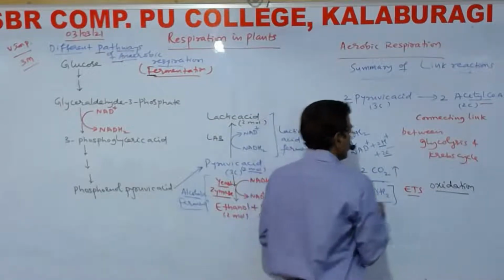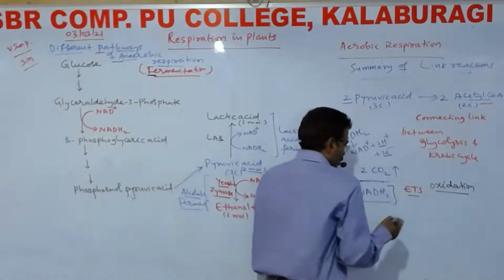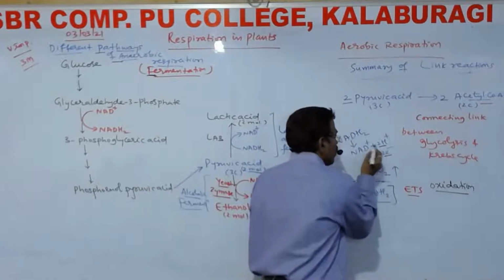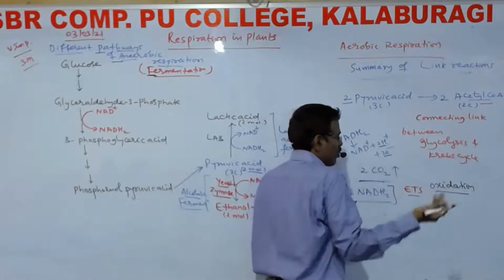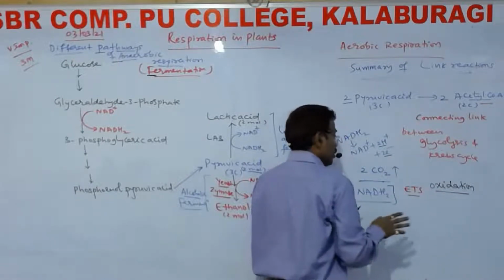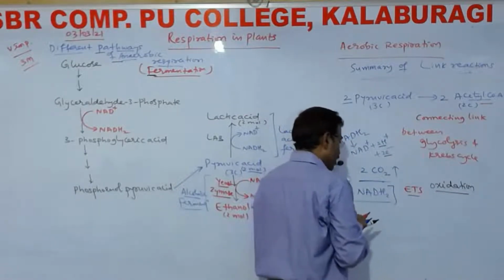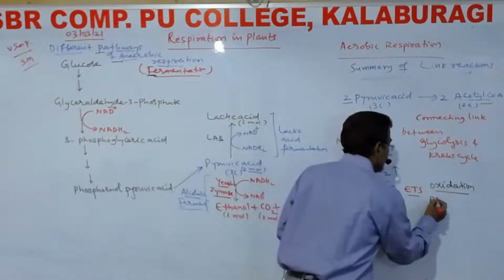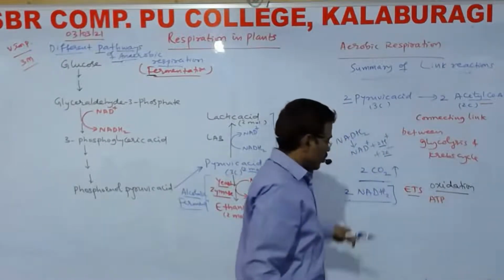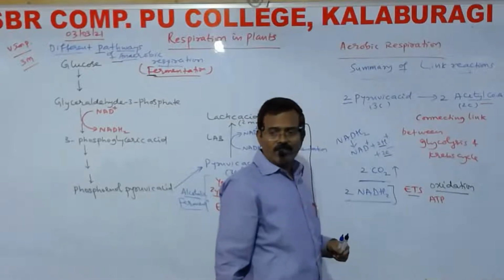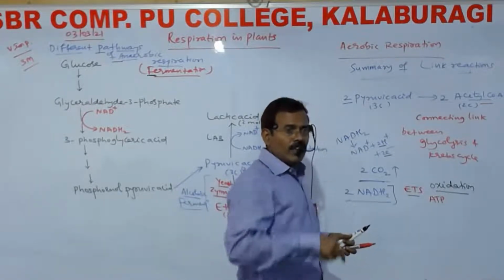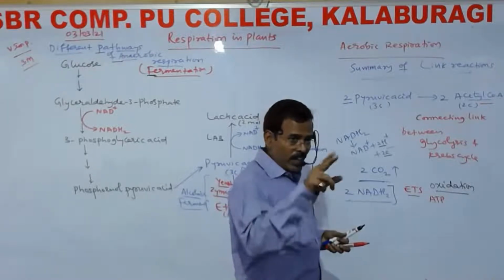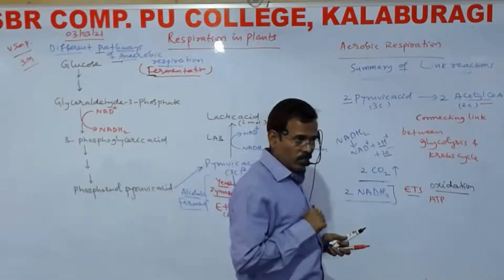So oxidation results in the removal of protons from this reduced coenzyme. The electrons take part in ETS. So this oxidation can result in the synthesis of ATP from the oxidation of NADH2. During glycolysis, I said, 2 NADH2 are produced in glycolysis also.